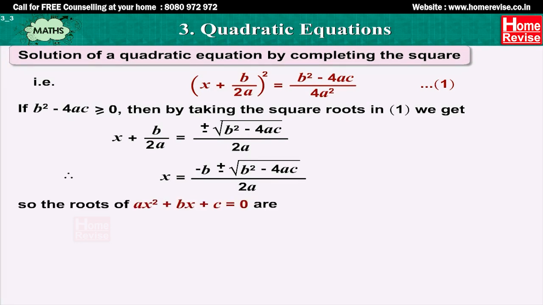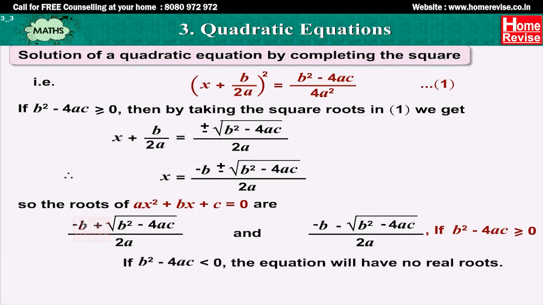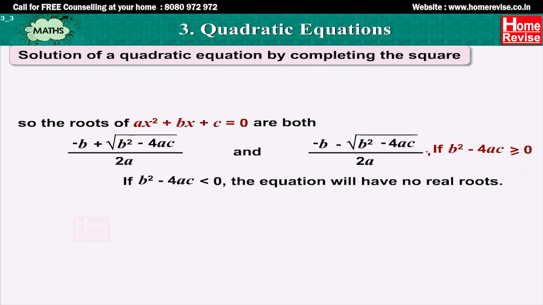So, the roots of ax squared plus bx plus c is equal to 0 are (minus b plus square root of b squared minus 4ac) upon 2a and (minus b minus square root of b squared minus 4ac) upon 2a, if b squared minus 4ac is greater than or equal to 0. If b squared minus 4ac is less than 0, the equation will have no real roots.